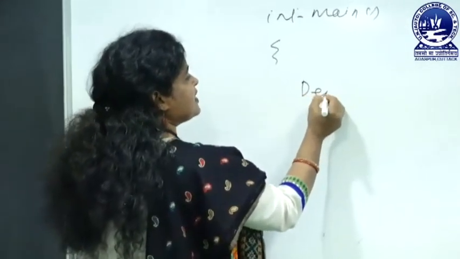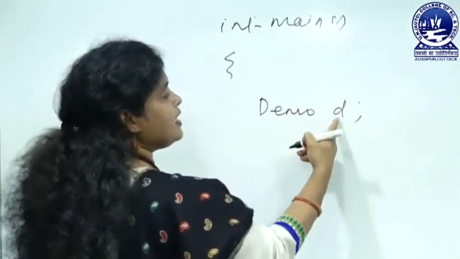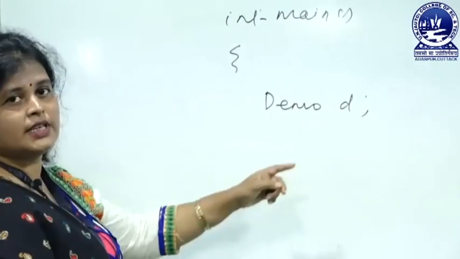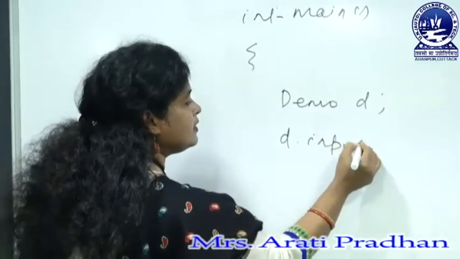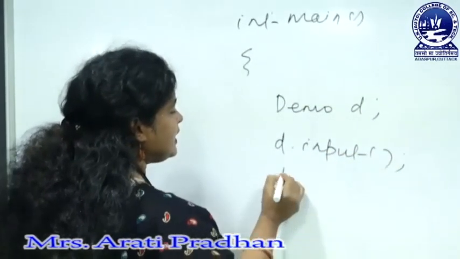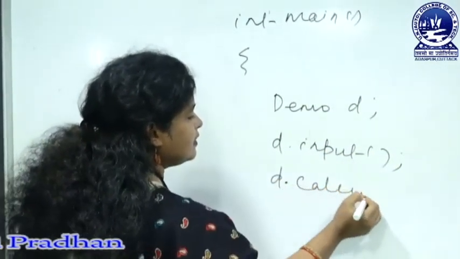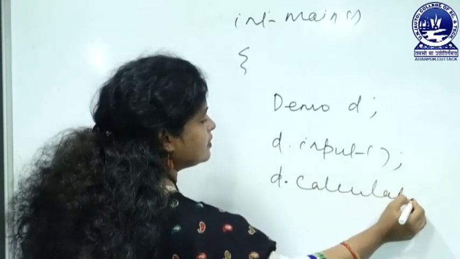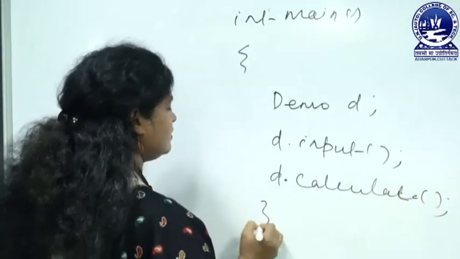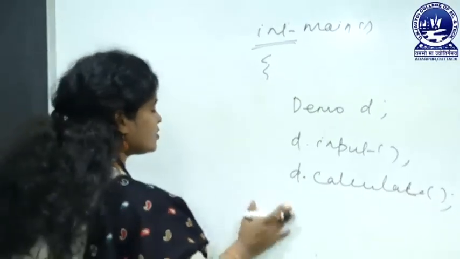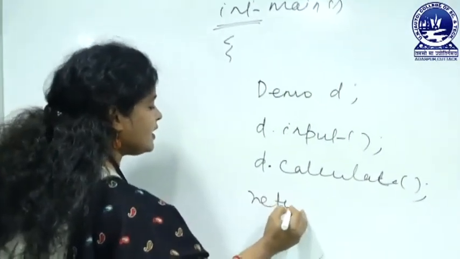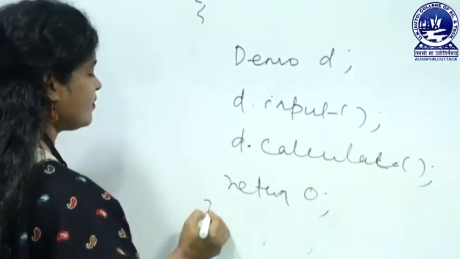Then next one is demo. You may use any object name here. I am using D. Then D dot input, then D dot calculate. As we are using int main here, we have to use return 0.